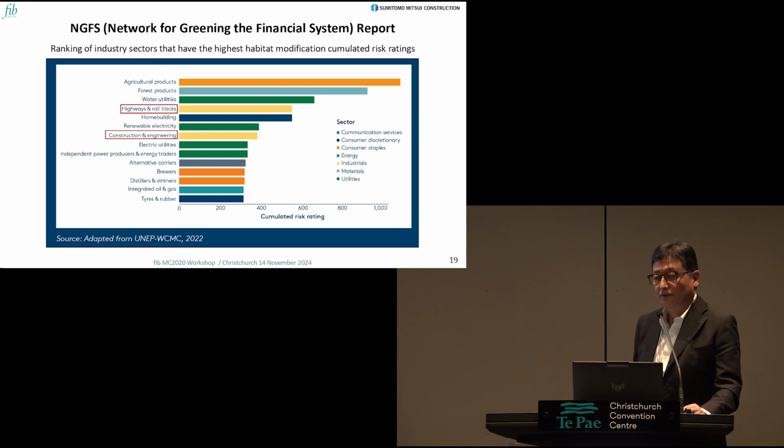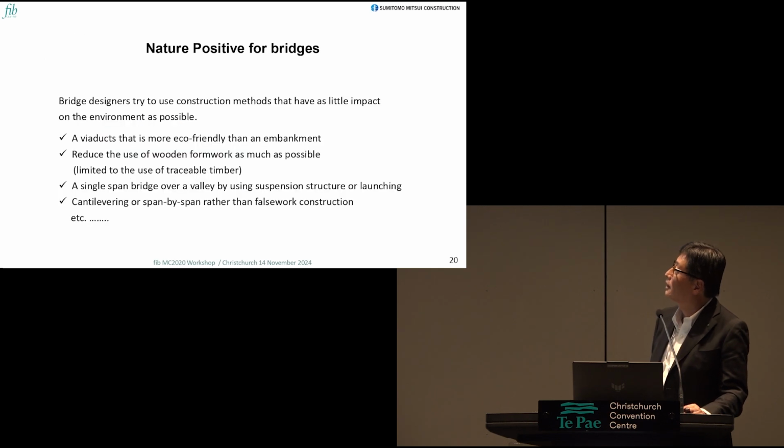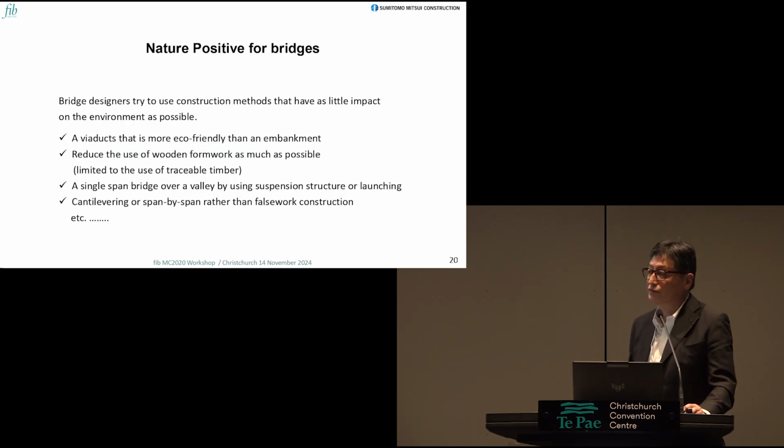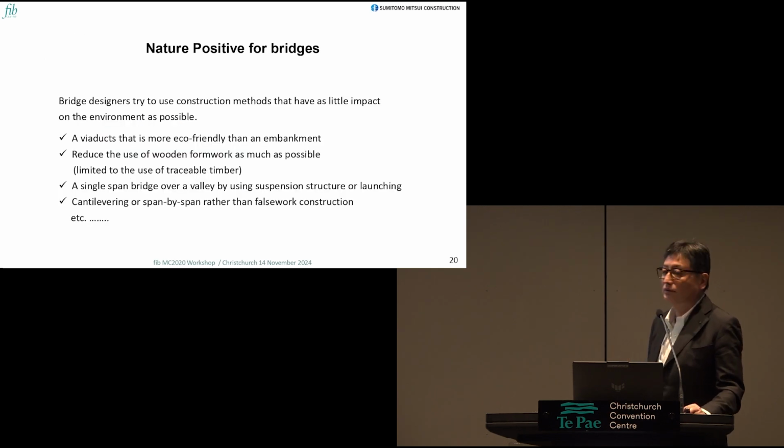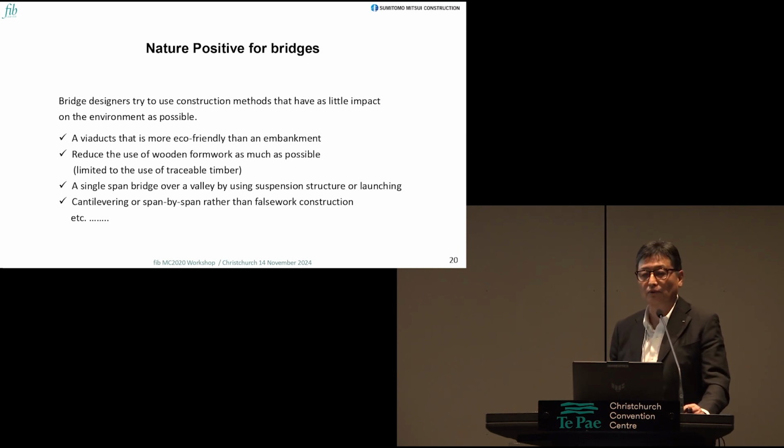We have to think about this too. And for nature positive for the bridge's future, we have to think about a viaduct that is more eco-friendly than the embankment. This is the planning process. And reduce the use of wooden formwork as much as possible. This is a construction company's issue. So we should limit it to the use of traceable timber.